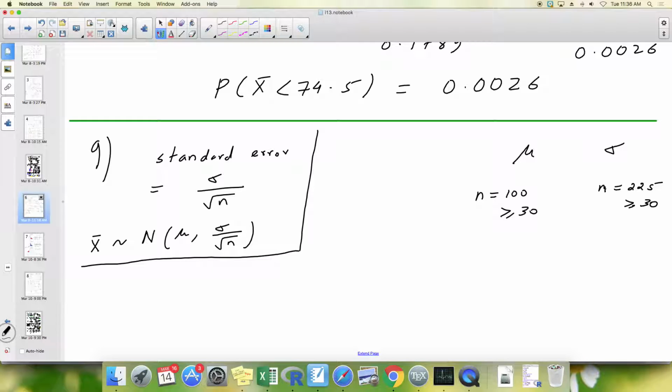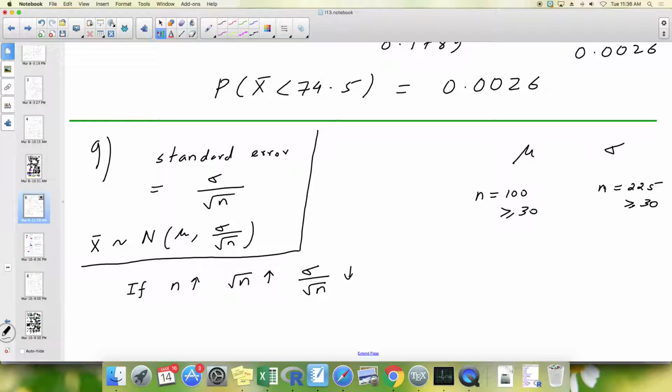What they're trying to ask is what happens when you change n. So that's a simple thing. If n goes up, obviously square root of n goes up. And that means sigma by square root of n goes down.